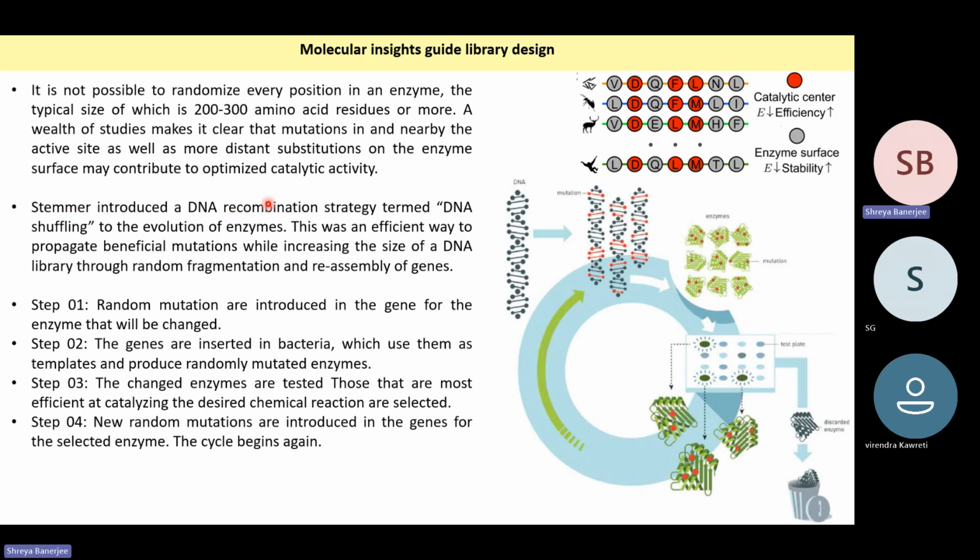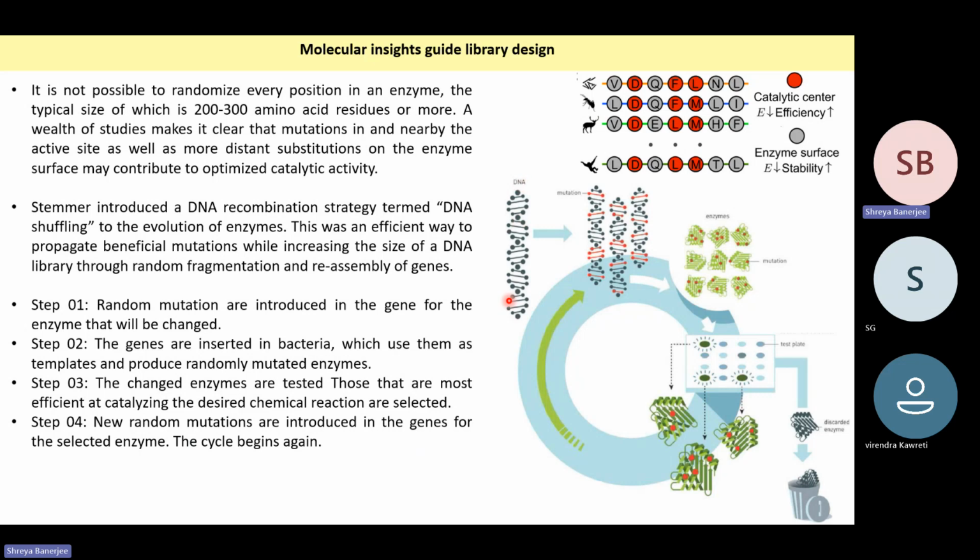Stemmer introduced a DNA recombination strategy termed DNA shuffling to the evolution of enzymes. This was an efficient way to propagate beneficial mutations while increasing the size of a DNA library through random fragmentation and reassembly of genes. So what is this DNA shuffling? The first step is that random mutation is introduced in the gene for the enzyme that will be changed.